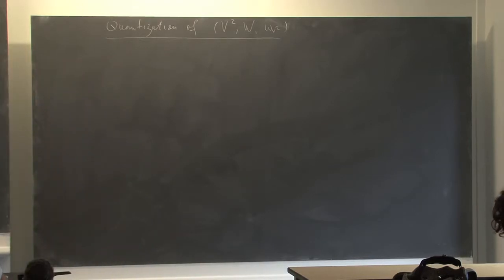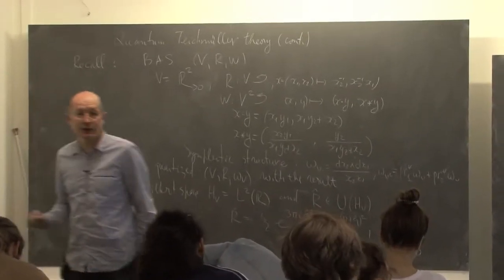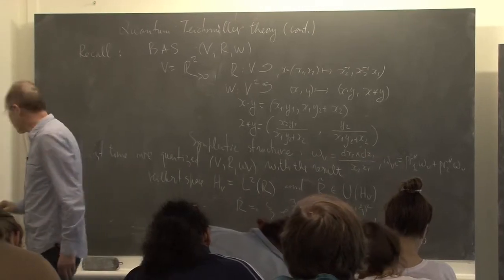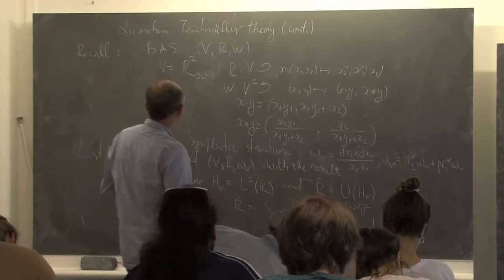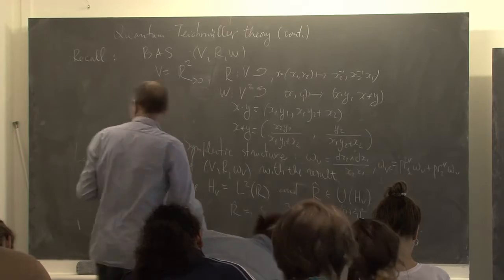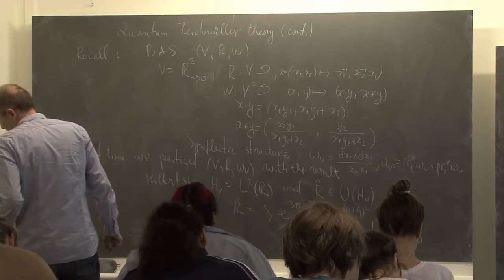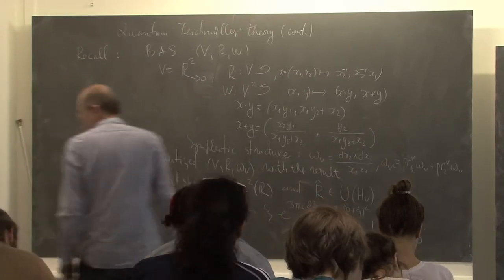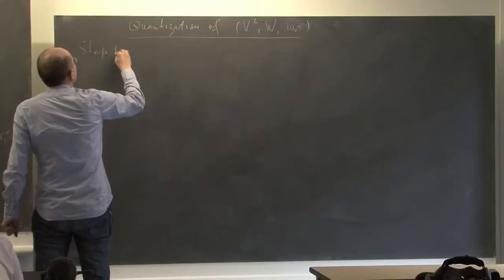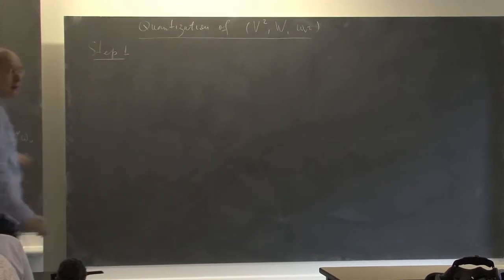And as we outlined on general grounds, that quantization consists of two steps. The first step corresponds essentially to what people do in deformation quantization. And the second step concerns the symplectomorphism itself. So the first step here is almost nothing to do, because we did almost everything last time.